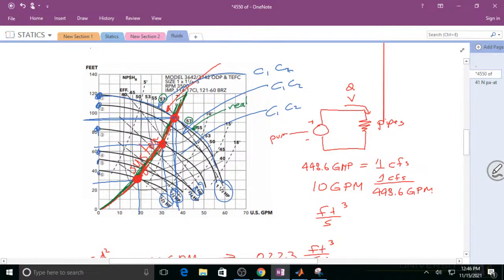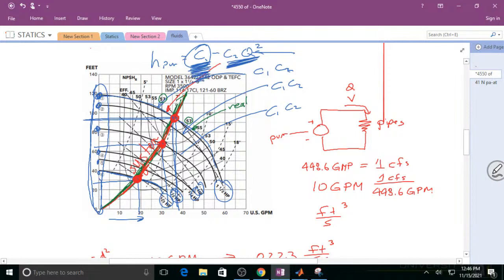And the C2 is kind of an approximation of how much it drops for how far you go out. So it's pretty easy. If you look at the head of the pump equaling C1 minus C2 times Q squared, if you don't have any flow rate, then it tells you that this is where it intersects this axis right here, or this will be the maximum. If you closed it off, this will be the maximum pressure that pump can supply.